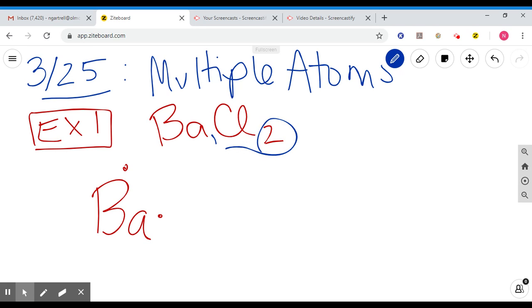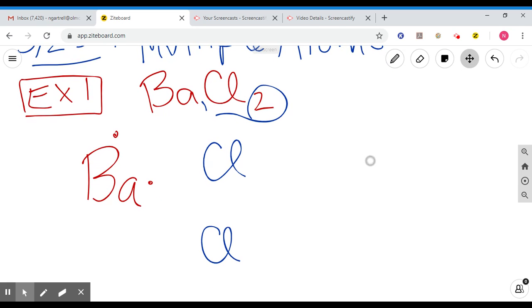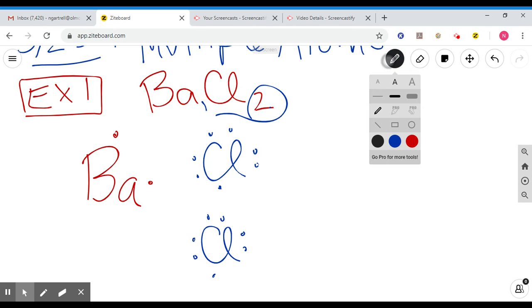Chlorine has a subscript of 2, so I'm going to draw 2 chlorines because the subscript was 2. Now I still look at the periodic table for my valence electrons. Chlorine is in group 17, so I draw 7. And the only difference is now I have 2 chlorine atoms to deal with.